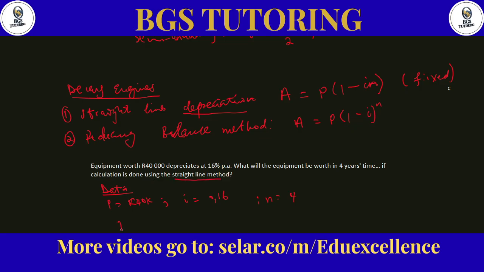So the accumulated amount is equal to P(1 minus in). In this case our P is 40,000, I'm just going to say times 10 to the power of 3, and 1 minus i n is 0.16 times 4.